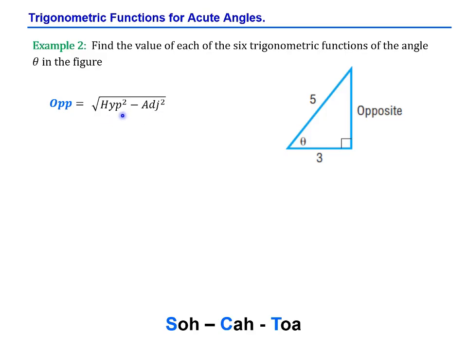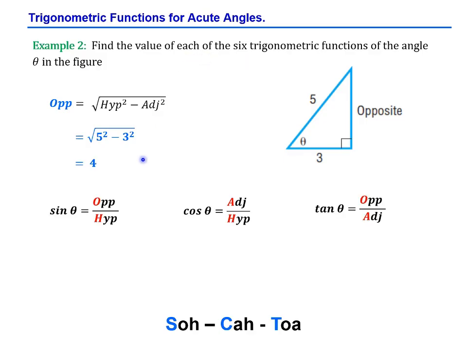Then you just substitute the values for the hypotenuse and the adjacent, and solve this, which will be equal to 4. So since we already have the opposite side, which is 4, we can now start defining the six trigonometric functions.